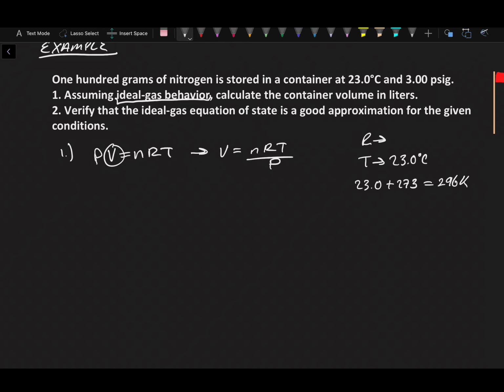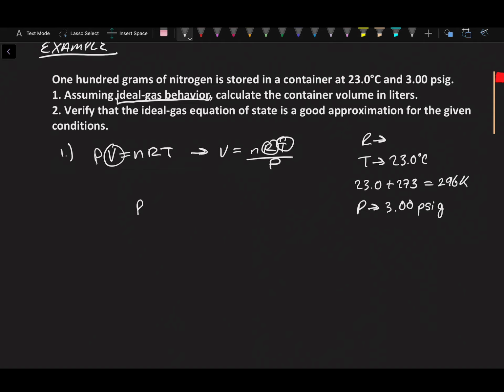Okay? Great. So we have R, we have T. What about pressure? Pressure, we're told it's 3.00 psig. Remember how I told you that G is gauge? And remember how I told you above the pressure has to be absolute? Well, this is the formula you got to use to make sure they're in the correct units.